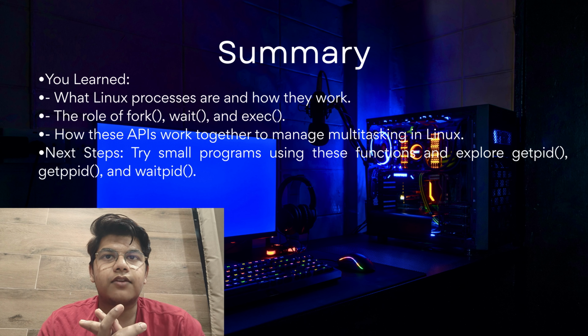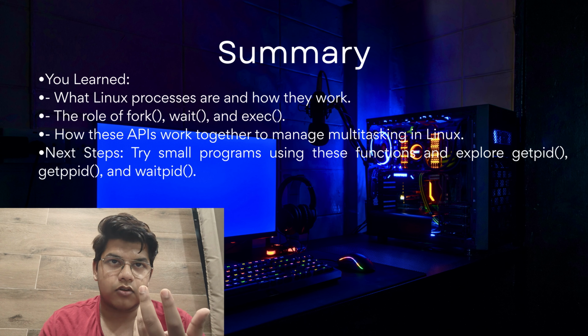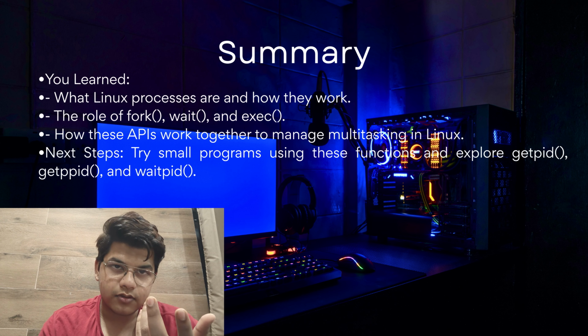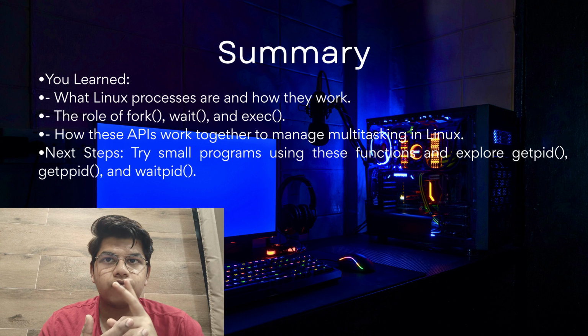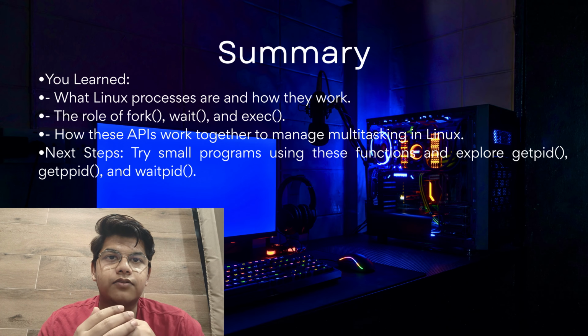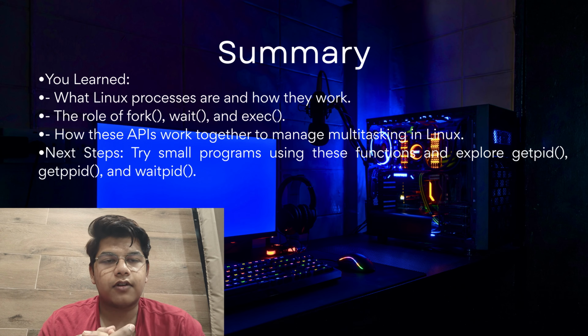So for practice, try writing small programs that use these calls. Experiment with multiple forks, combine fork and exec, and use the getpid and getppid commands to print PIDs during execution, and that hands-on practice is the best way to master process control in Linux.